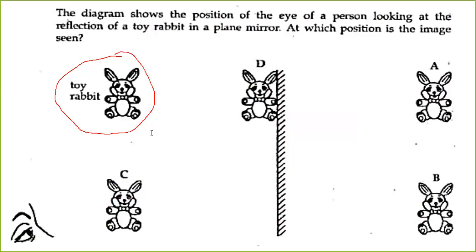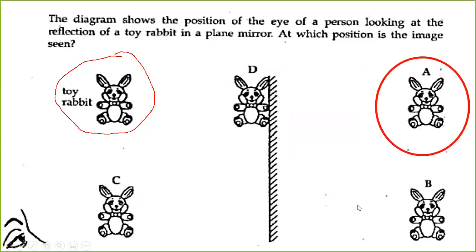Awesome. Exactly. Okay? It's going to be A. First thing we said about plane mirrors is that they produce virtual images or images behind the mirror. Okay? So we know that D and C are out. Okay? Because those images are in front of the mirror.